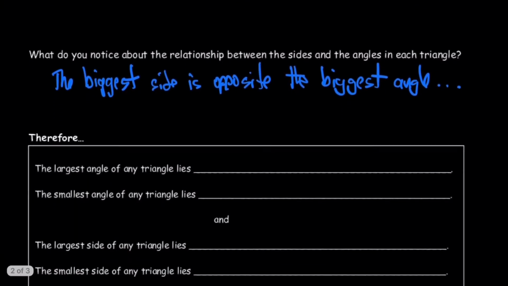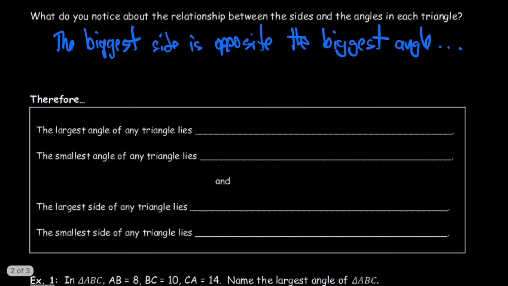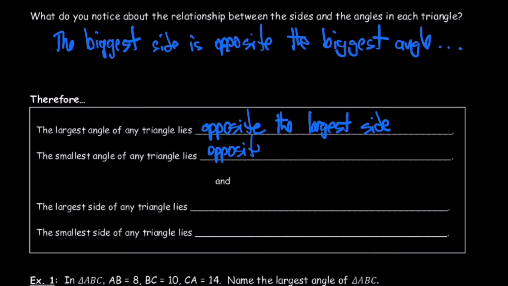And here's our theorems. Therefore, the largest angle of any triangle lies opposite the largest side, and the smallest angle of any triangle lies opposite the smallest side.